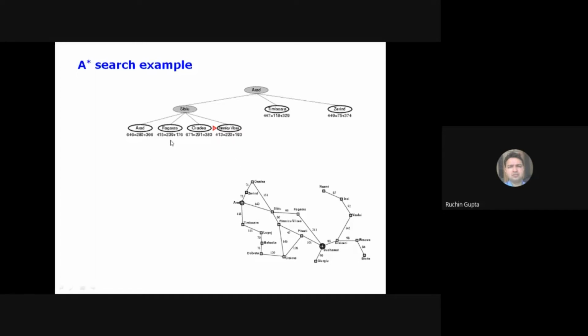Similarly, for Fagaras, 239. So how do you get the 239? From Arad to Sibiu, you know the cost is 140, and from Sibiu to Fagaras, the cost is given to us. So we can add this value to this 140 and we will get 239.